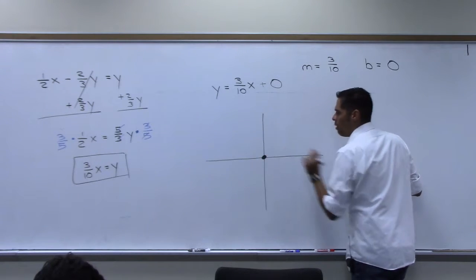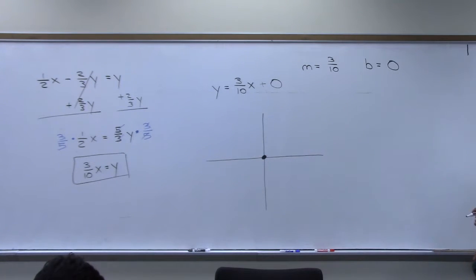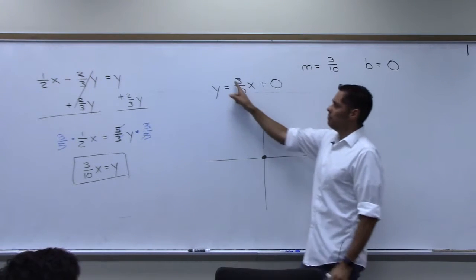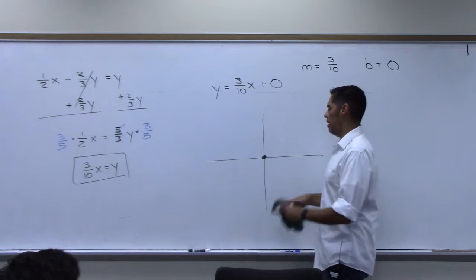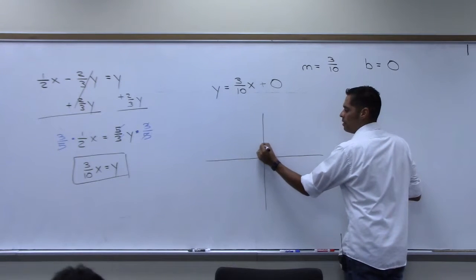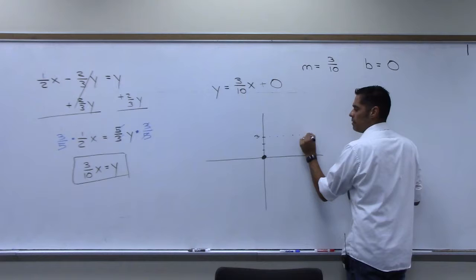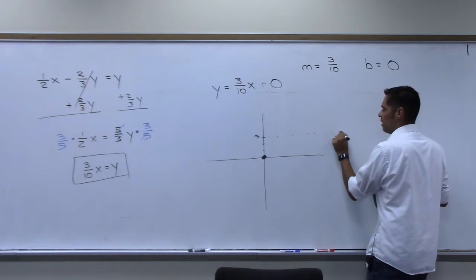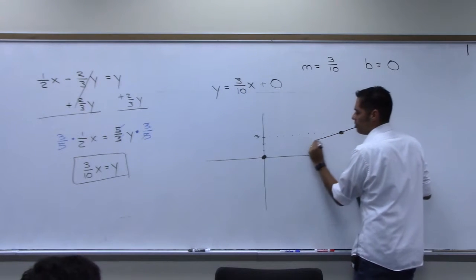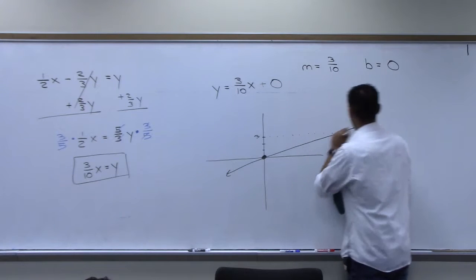And from that point, I will rise by 3. What if that was negative 3? I go down 3, right? So I rise by 3, 1, 2, 3. And then from there, I go to the right 10. 8, 9, 10, something like that. And then I connect these two with a straight line.